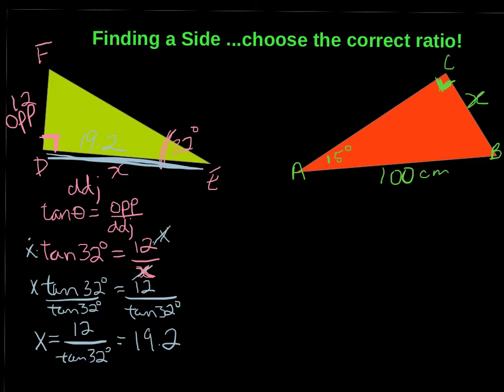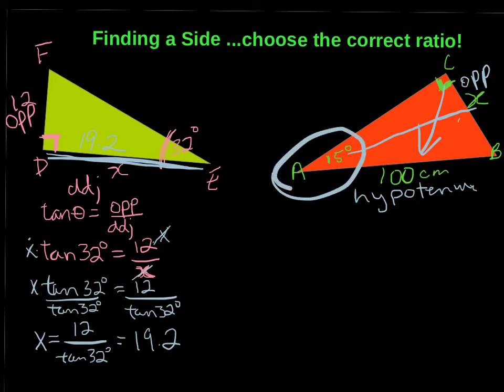Okay, so what we first want to think is, what are my sides labeled? Well, this side is easy. This is the hypotenuse, because it's opposite to the right angle. This X side here is the opposite side because it's opposite to the angle that I care about.